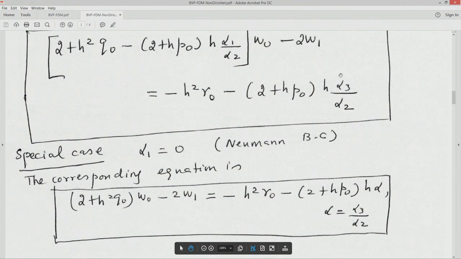So, I repeat, if it is a Robin boundary condition, this will be used in the algebraic system as the first equation. If a Neumann boundary condition is specified as the first boundary condition at the end point A, this equation will be used as the first equation in the algebraic system.